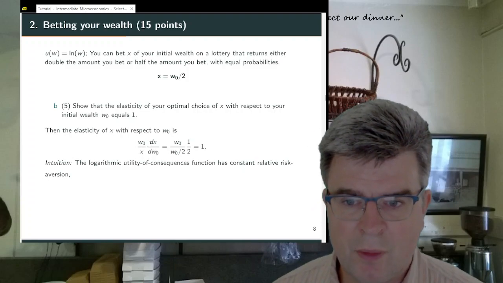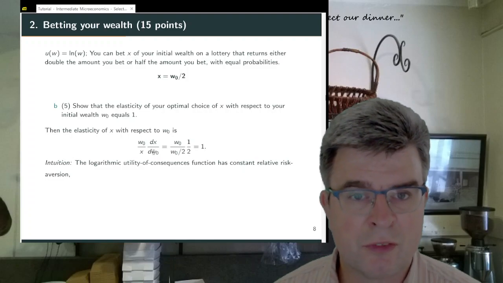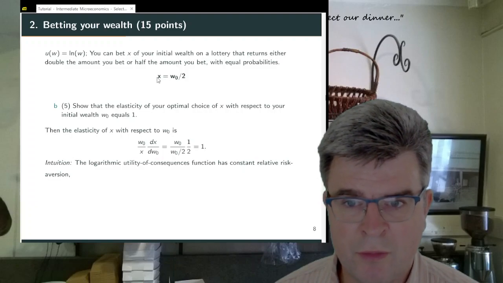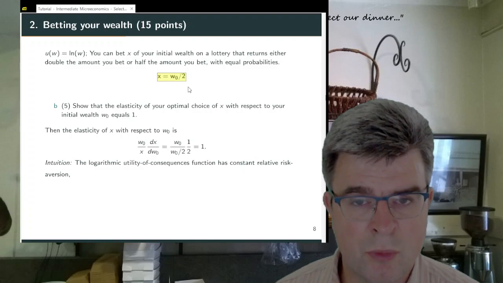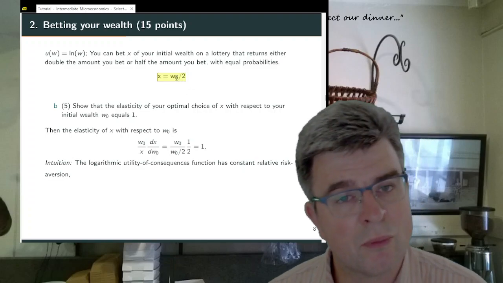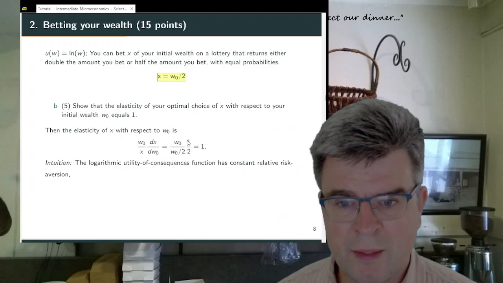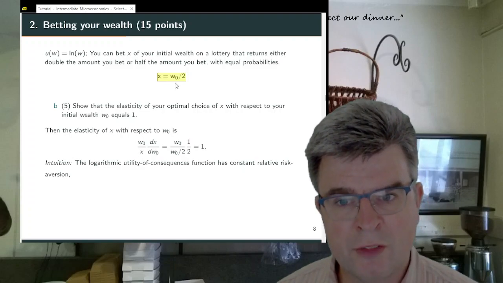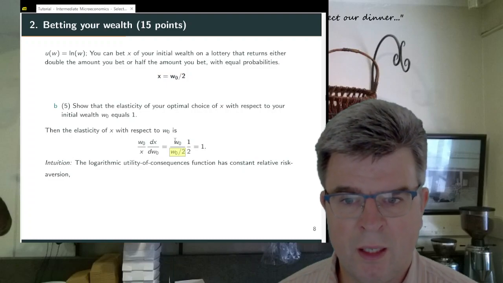So we need to take the derivative of our optimal bet as a function of W0. Now we derived that that function is equal to W0 over 1/2. Taking the derivative of this expression with respect to W0 is equal to 1/2. This is what we get here. We also know that our optimal bet is 1/2 of our initial wealth, so we plug it in here.